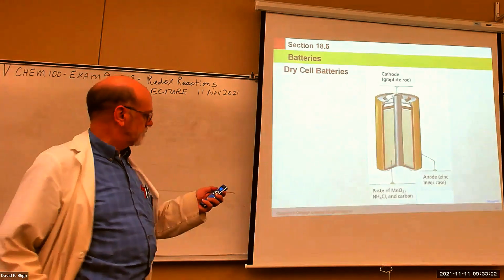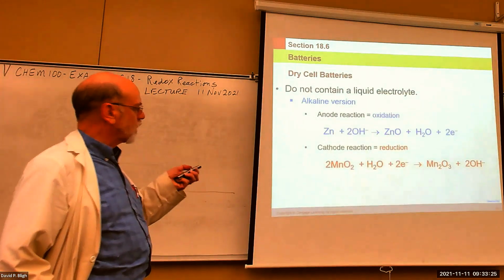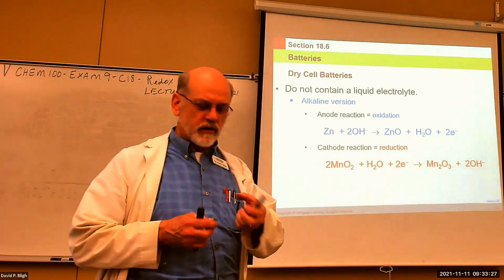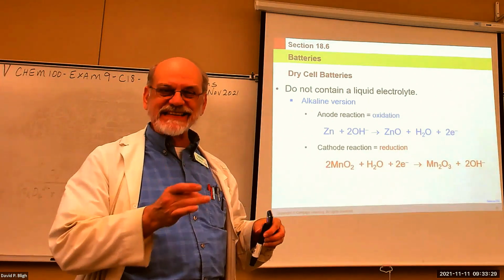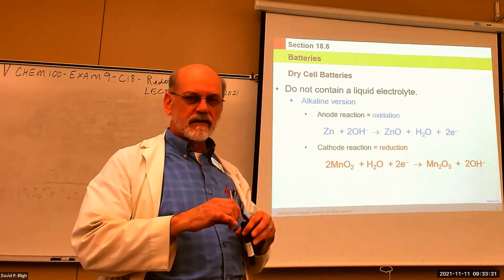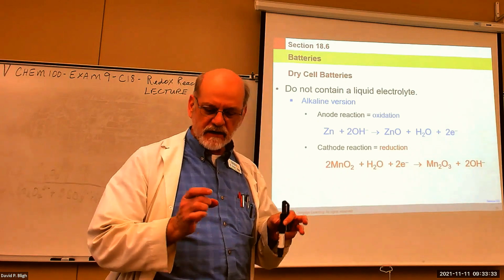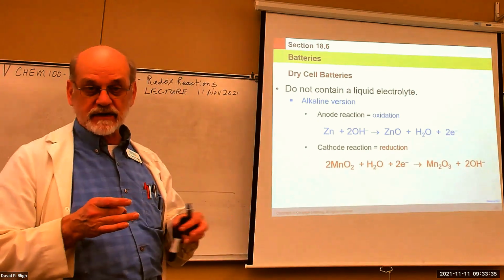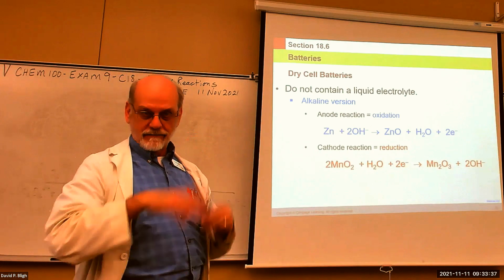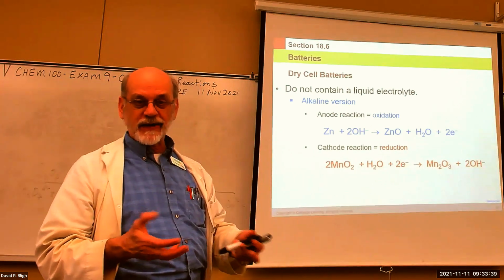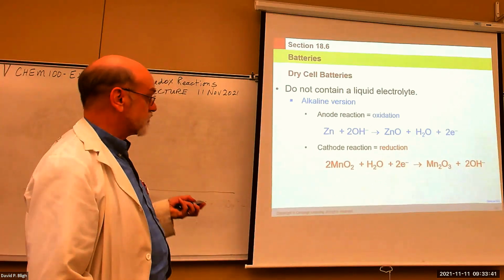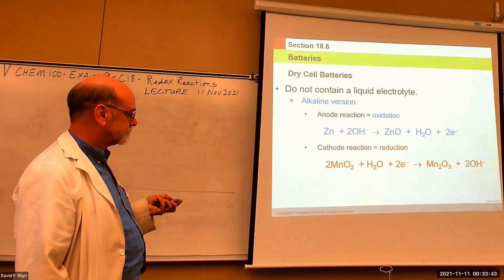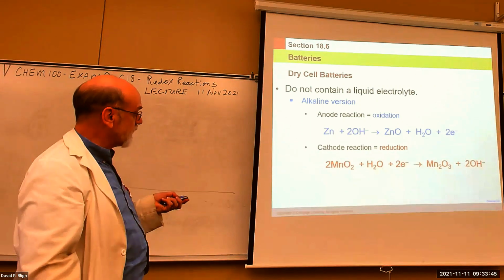This is more common. When you go to the store and buy a D cell battery or C cell or double A's or triple A's, those are known as alkaline, and they might even have it on the label. Alkaline dry cell batteries, and they operate on this chemistry. These are the half cells.